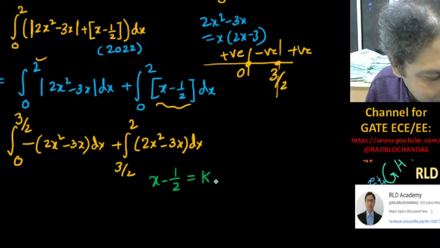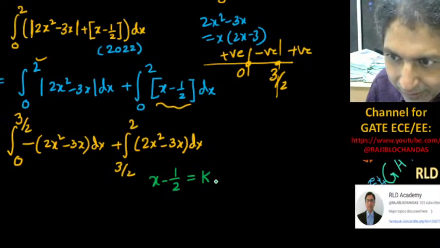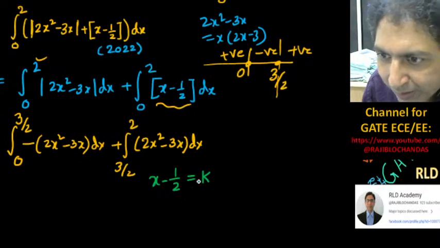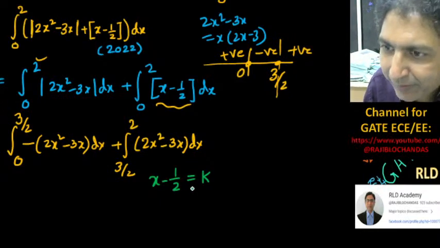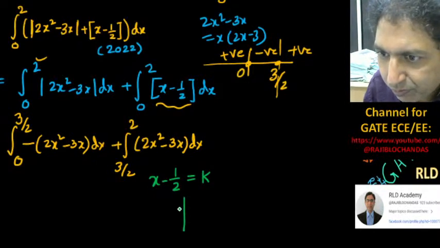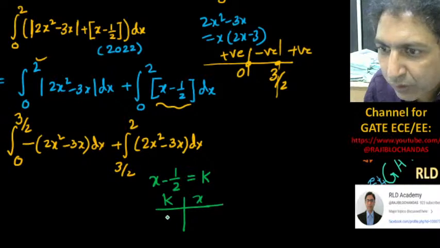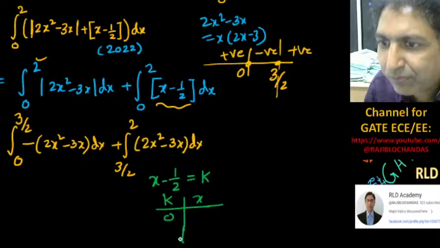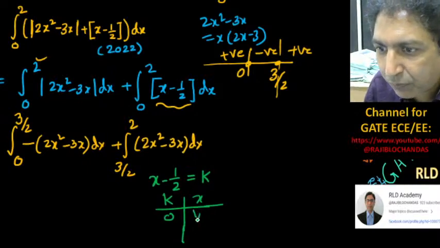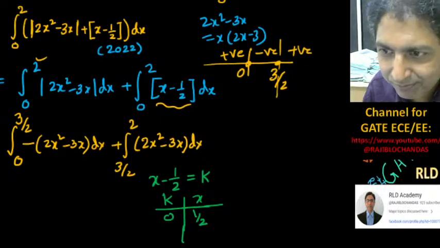I want to understand at what point k equals 0, and get a few points for k and x. So k will be 0 when x equals half, right?